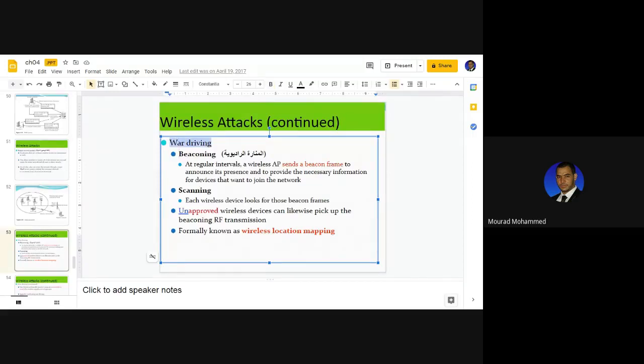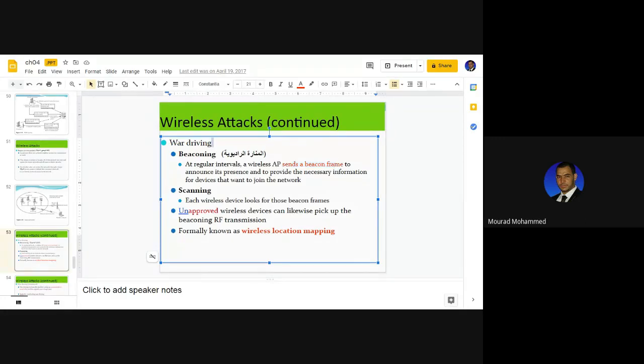Scanning means searching. You have to recognize that you are searching for beacons, which are the frames sent by the wireless devices, the wireless service providers.